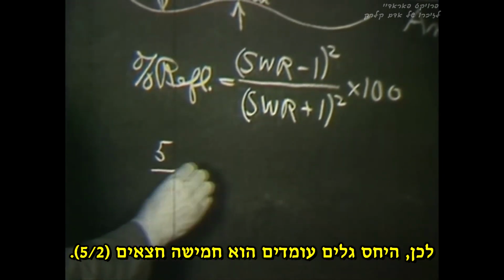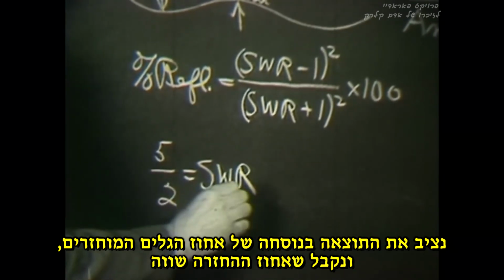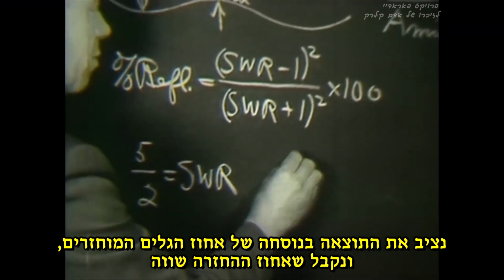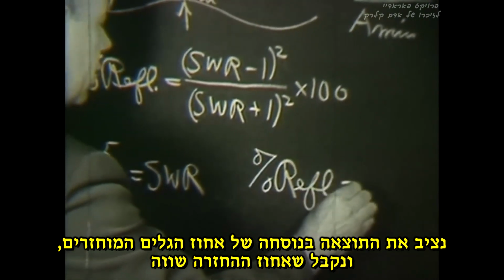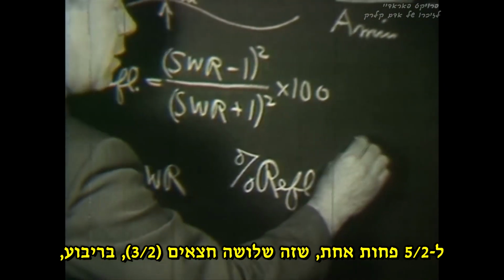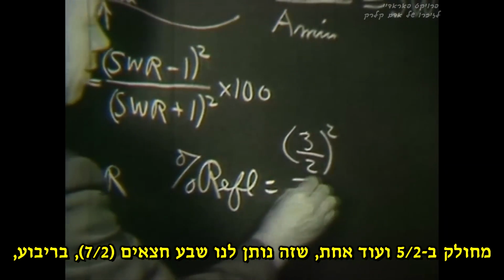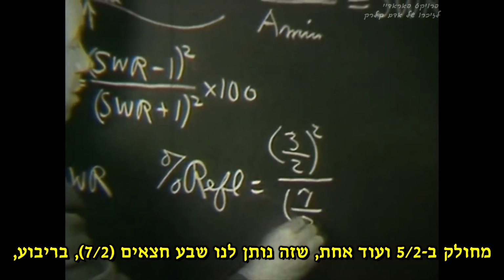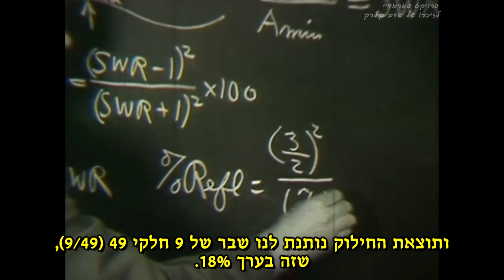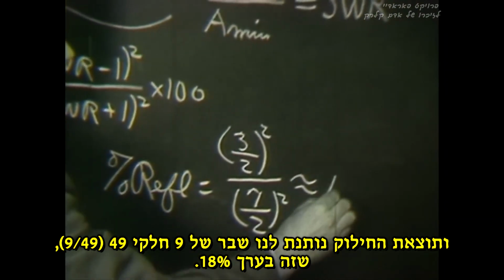Therefore, the standing wave ratio is 5/2. Substituting in the percent reflection formula, we obtain percent reflection is equal to 5/2 minus 1, which is 3/2 squared, divided by 5/2 plus 1, which is 7/2 squared, which gives us 9/49, or about 18%.